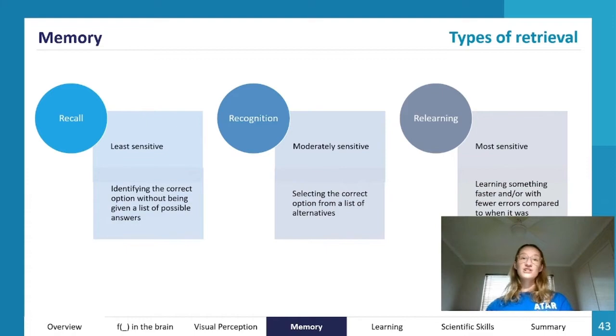So, thinking multiple choice, it's easier to read the four possibilities and pick out the correct one because you're recognizing the correct information.